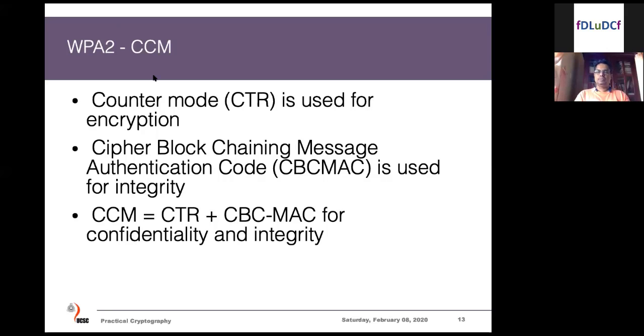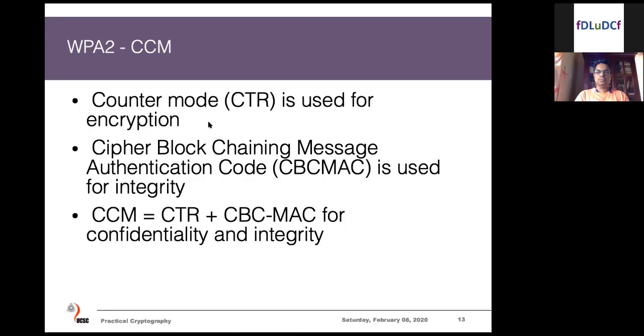In the last lecture, I said WPA2 uses Galois counter mode. Actually, it's not. It uses what we call CCM mode, whose components we did discuss. CCM mode is not a new thing.